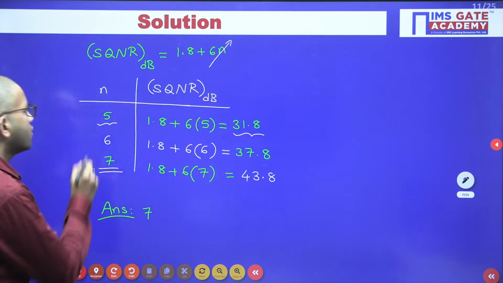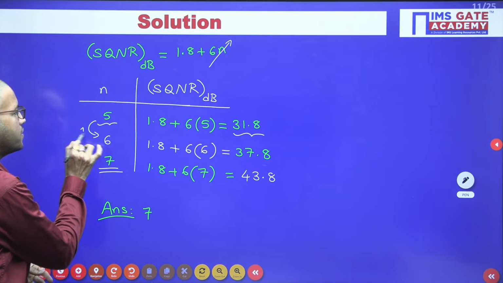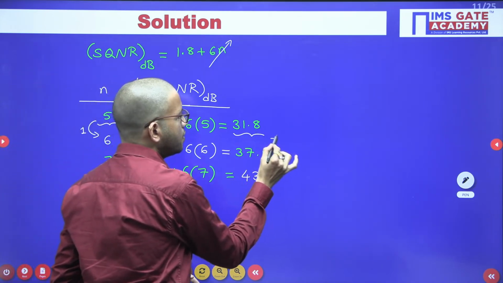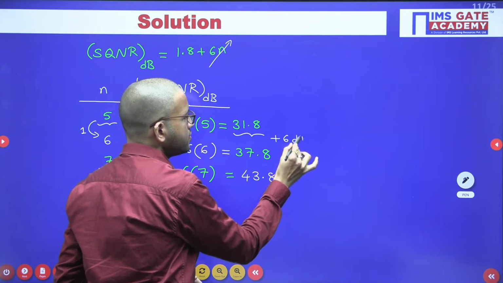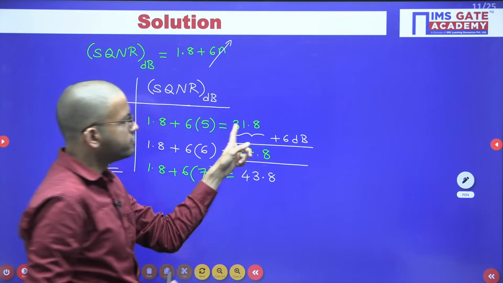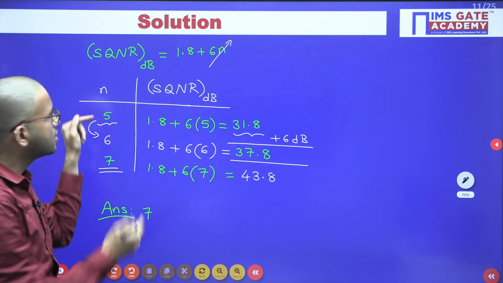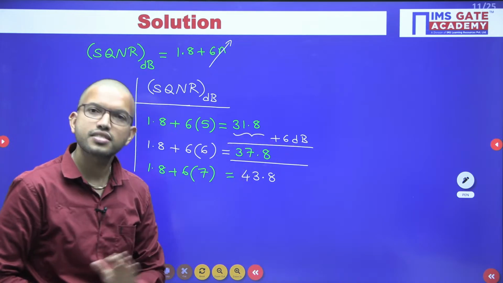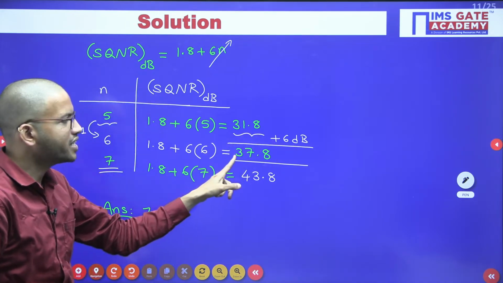That means 31.8 plus 6 dB is nothing but 37.8. Just by increasing one bit, the SQNR increases by 6 decibels. Are you getting this?